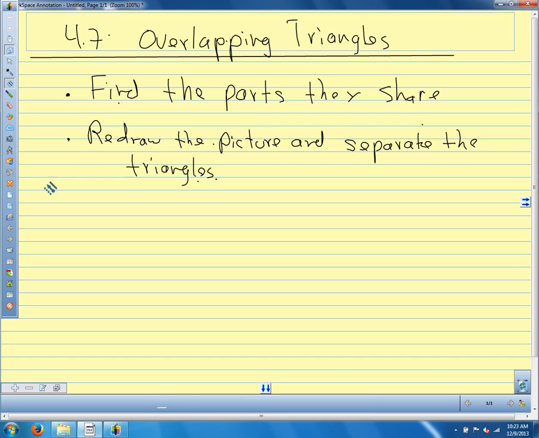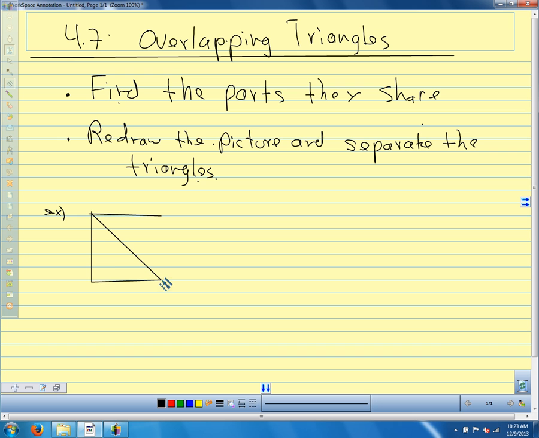So let's start with a pretty easy one. So here's my picture. And we'll call this X, Y, W, and Z. And the question is asking us, what parts do these triangles share?